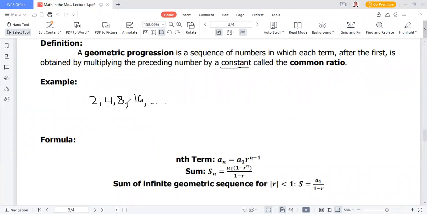Okay? So that is 8 multiplied by 2 again, 16. So yung next term niyan, multiplied by 2, 32, next 64, and so on. So ganun yung geometric. Kung kay arithmetic, nag-a-add tayo ng constant, kay geometric, nagmumultiply tayo by a constant. And that constant is called the common ratio. Okay?